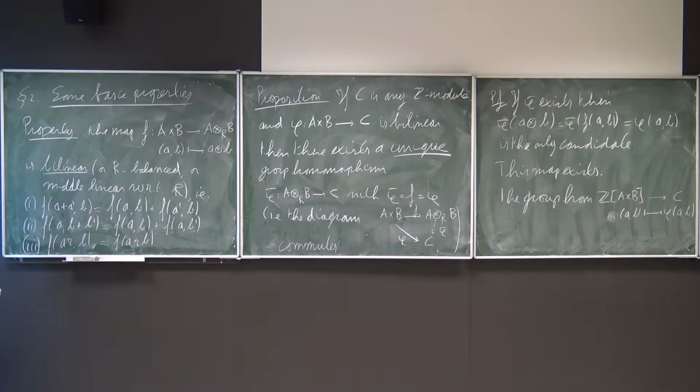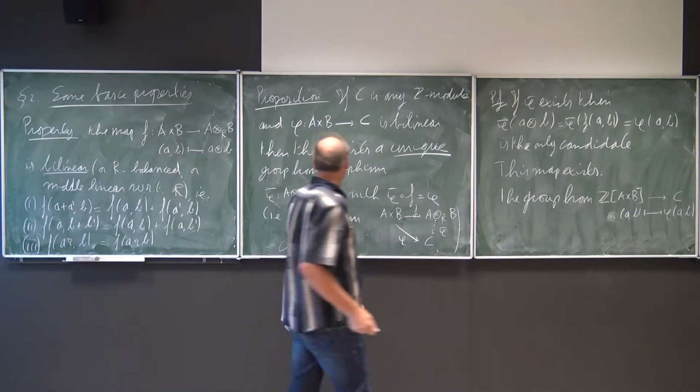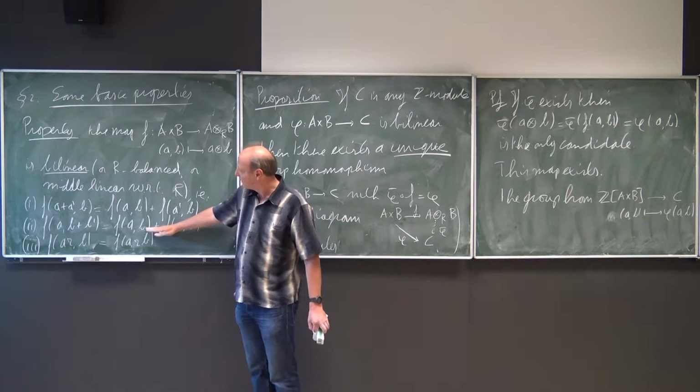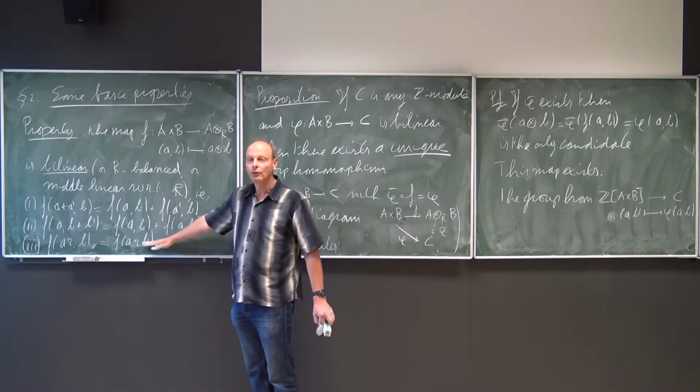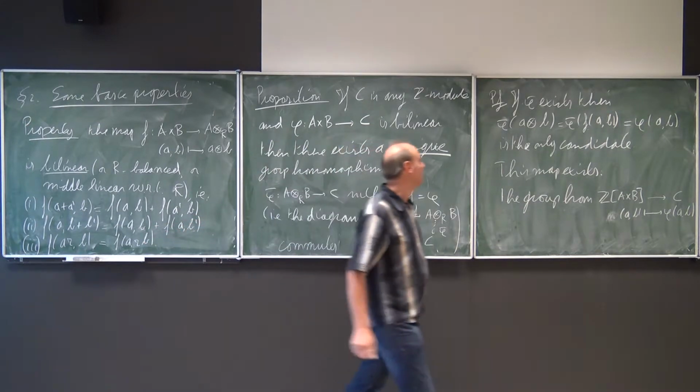But if I put phi on this as opposed to f, then this, with a minus, so phi of (a + a', b) minus phi(a, b) minus phi(a', b), that's the image of one of the relations. But we assumed by the first property of phi being bilinear that this would be 0. So it would kill the first relation, this map. It would similarly kill the second relation because we assumed this one for phi, and it would kill the third relation as well because of that one.